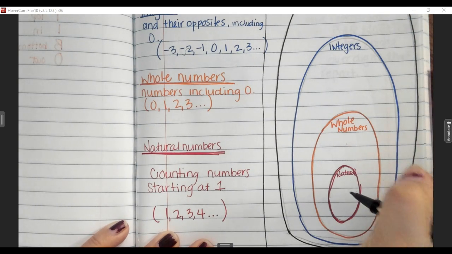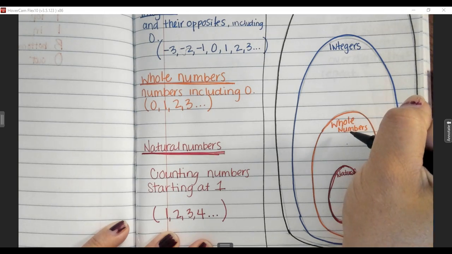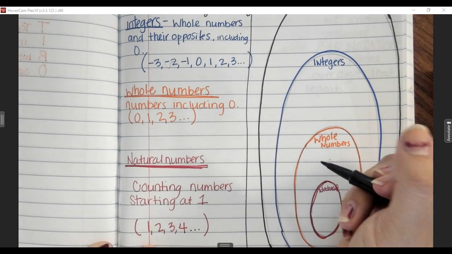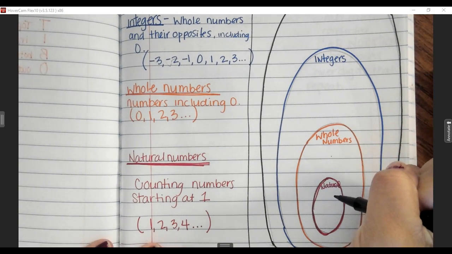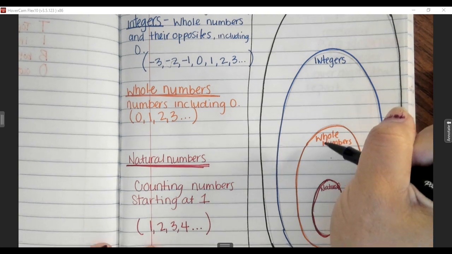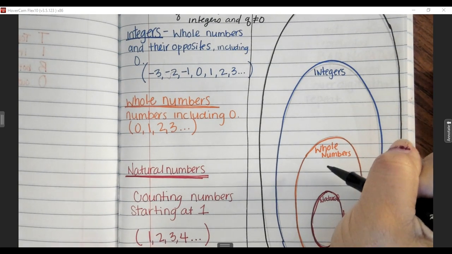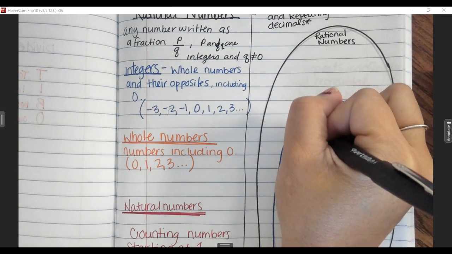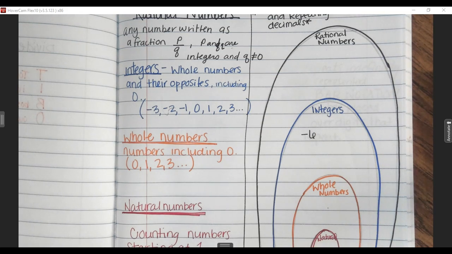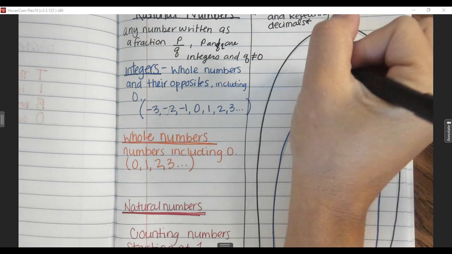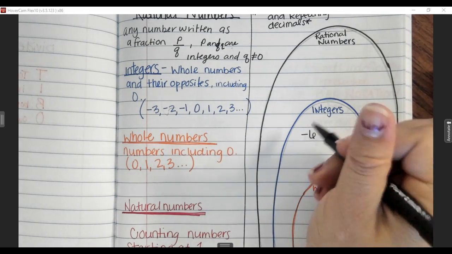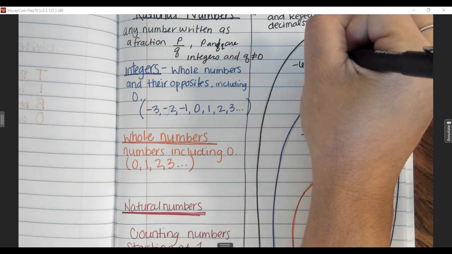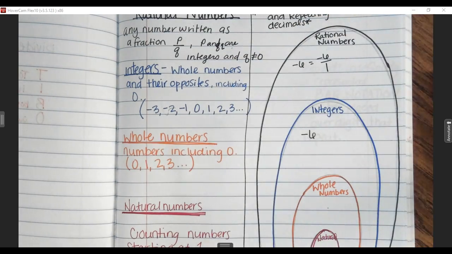So if I put a number here, that means it's going to work for whole numbers, as an integer, and as a rational number. So can I put -6 here? No. Can I put -6 in my whole numbers? No. So where can I put -6? I can put -6 in integers. And I can also put -6 in rational numbers, because I can write it as a fraction. For example, -6 can be written as -6 over 1.